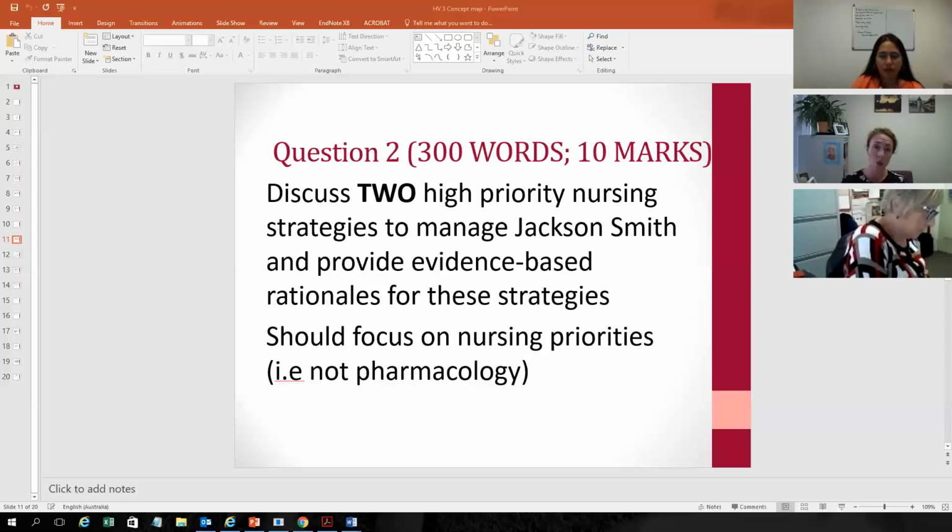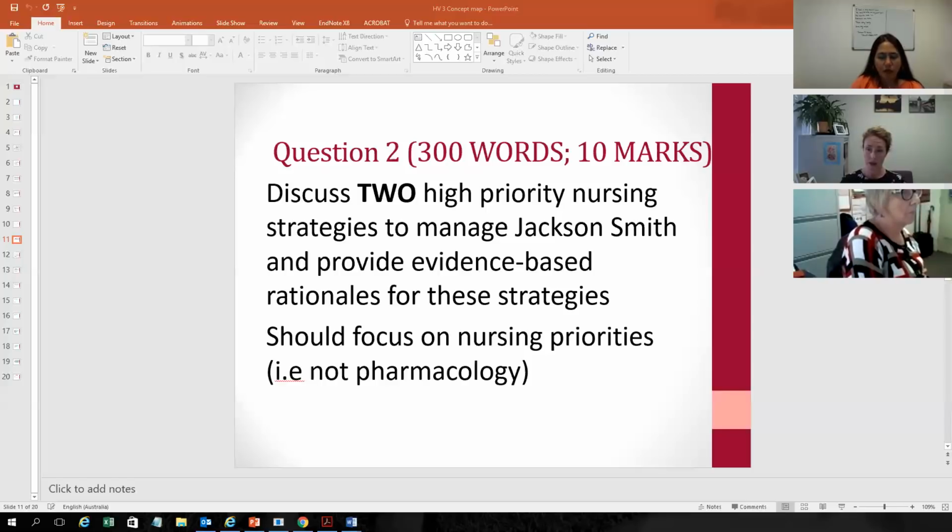Same with positioning. Why is positioning a good priority? So talk about the physiology of the patient and how setting somebody up is actually going to improve their lung space and things like that. So give reasons why you're going to do it.